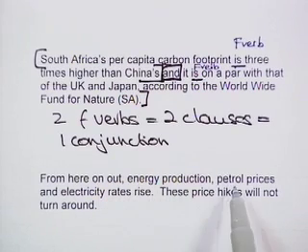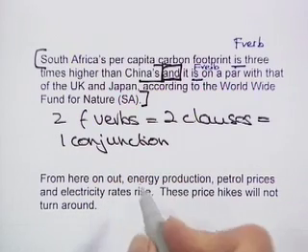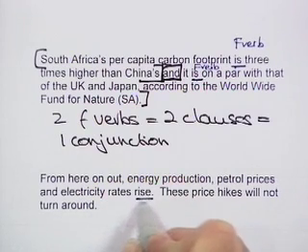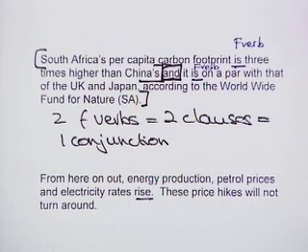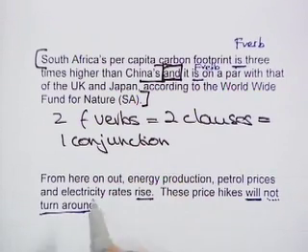From here on out, energy production, petrol prices, and electricity rates rise. There's your finite verb. These price hikes will not turn around. Your finite verb is actually will turn around. If you put in the not, nobody's going to be very upset with you, but the finite verb is actually will turn around.